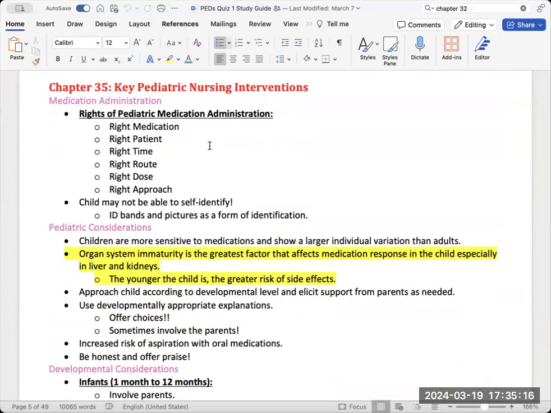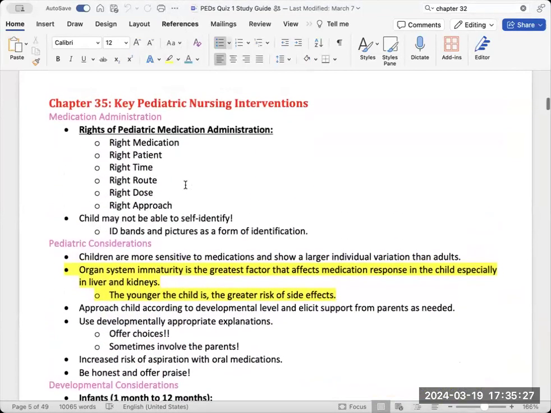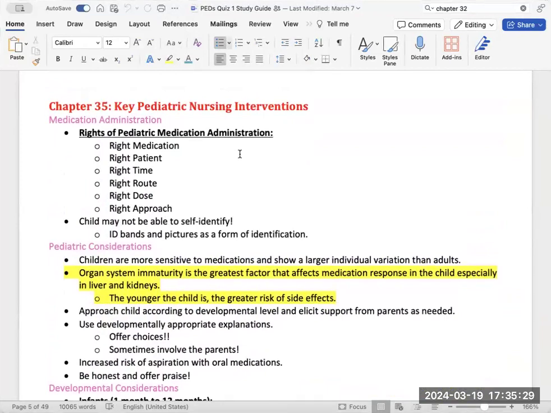Okay. The next chapter is 35 on key pediatric nursing interventions. This mainly has to do with medication administration and developmental considerations. So, for medications, we're talking about rights of medication administration.